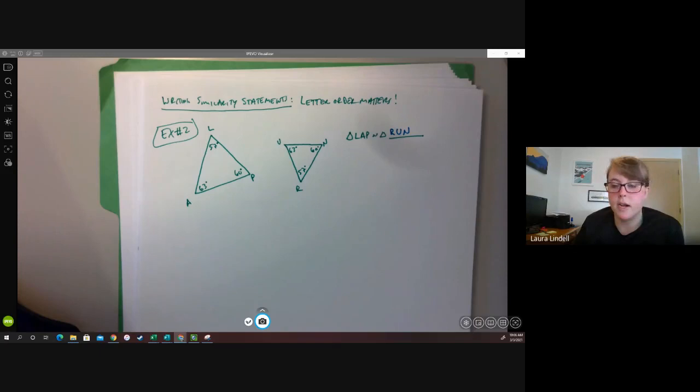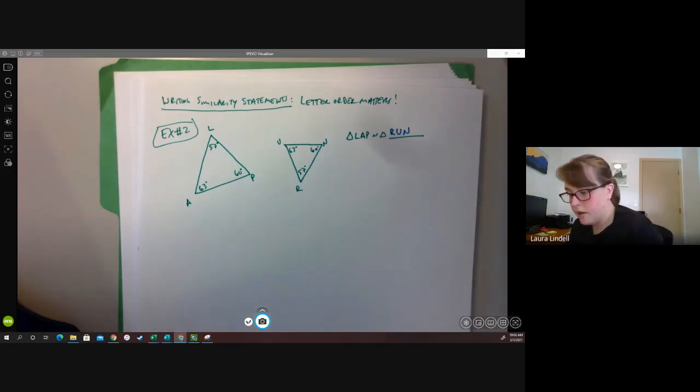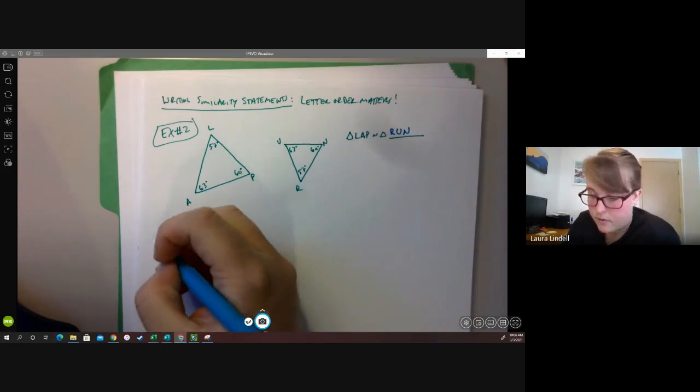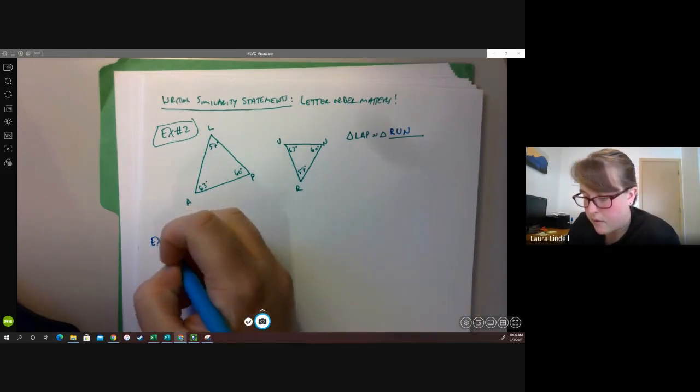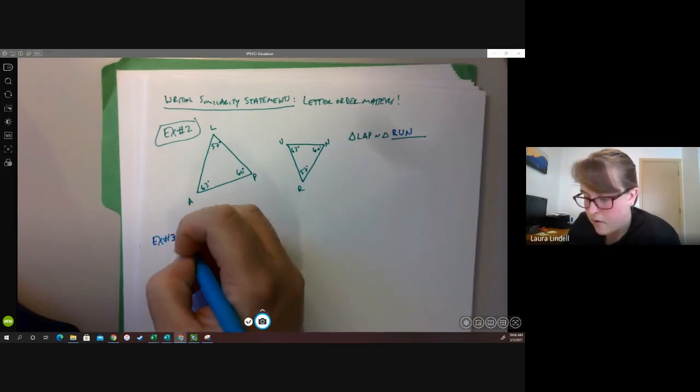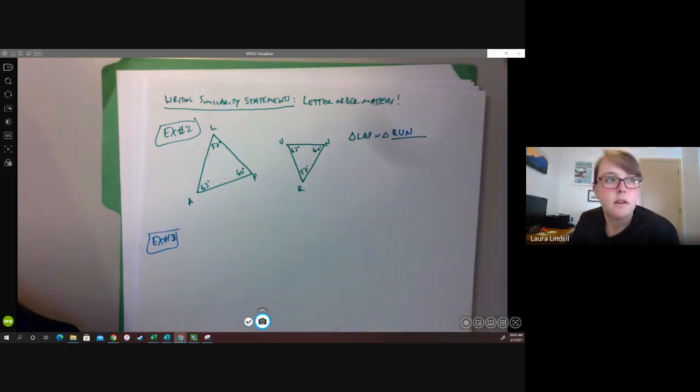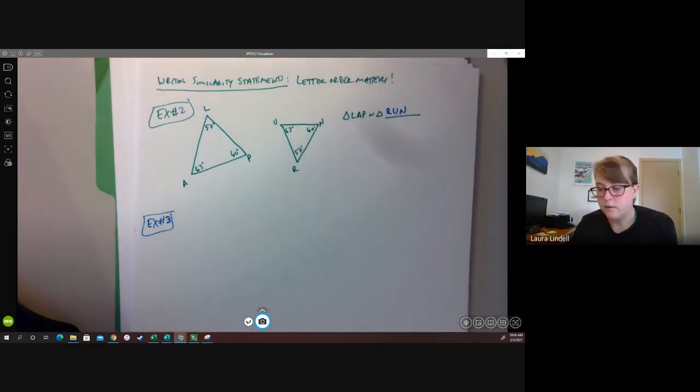Okay, so that's one kind of similarity statement writing problem that you're going to see. Another one is going to be the case where you have a quadrilateral.